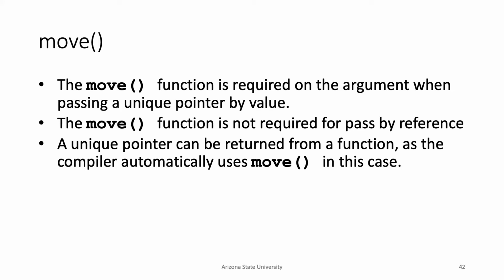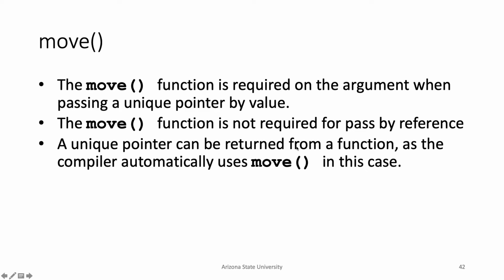No, because it's still referencing the single unique pointer. You're not making a copy like with pass by value. So if it's passed by reference, you do not need to call move. If it's passed by value, you do need to call it. In fact, it'll give you a compile error if you don't.